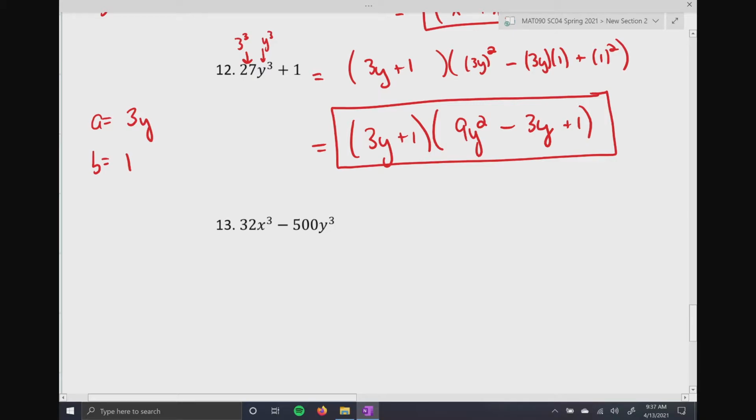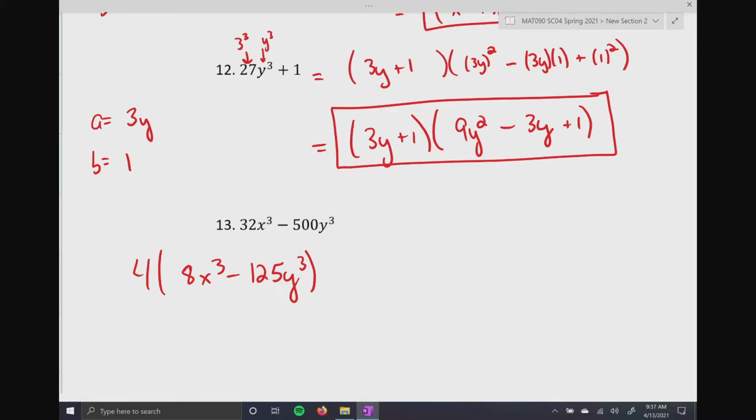For those of you shaking your head no, you better be careful. 4. We have a GCF of 4.